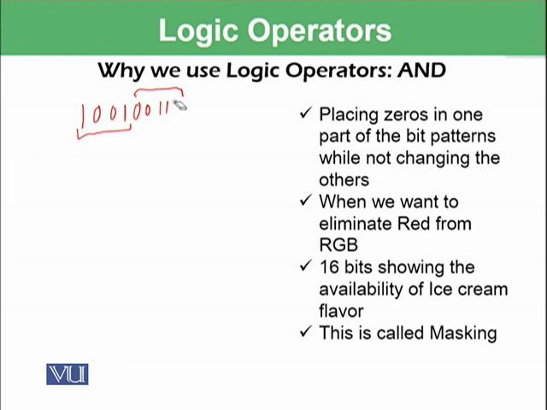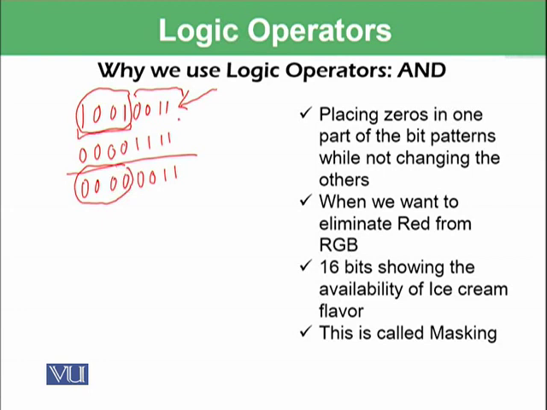So what you can do is apply an AND with a number that is 0 0 0 0 1 1 1 1. Let's see the answer. 1 1 would be 1, 1 1 would be 1, 1 0 would be 0, 1 0 would be 0, and all of these bits would be 0. You have seen that this was the actual number, and we have changed the first 4 bits of this number to 0, while the next 4 bits remained unchanged.